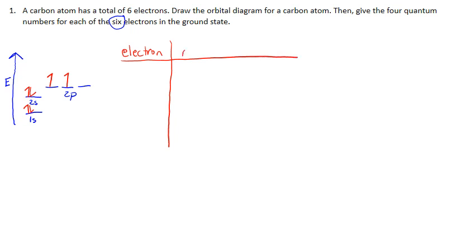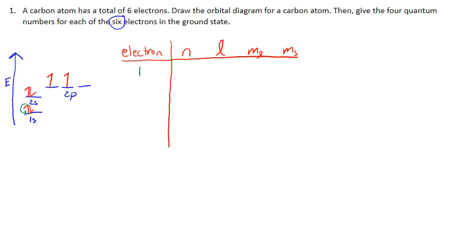So we'll have an n column, an l column, m sub l, and m sub s. The way to work this problem is you take one electron at a time, like this one here. Start at the bottom. I'm going to call that electron that I've pointed to in green electron number 1.